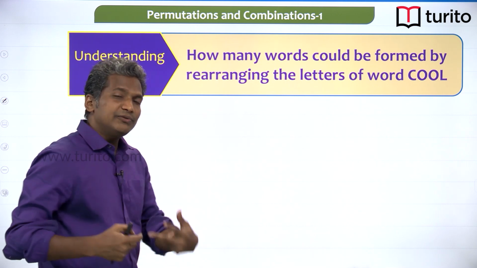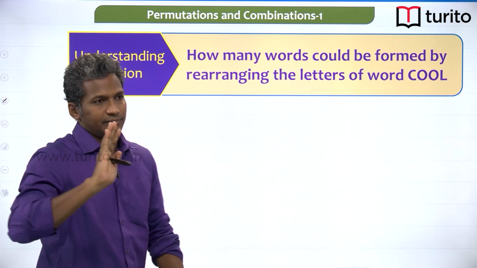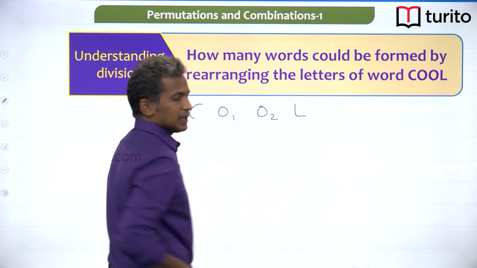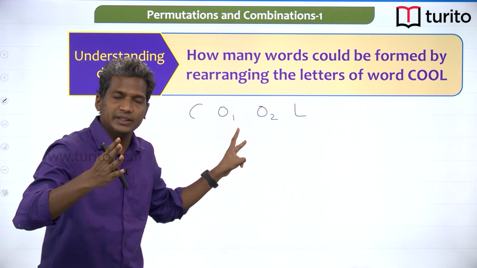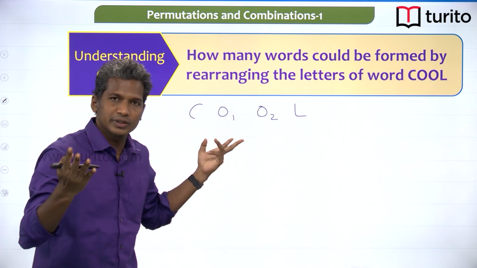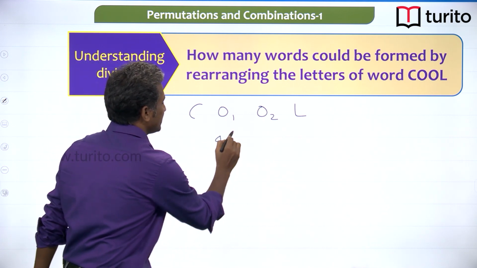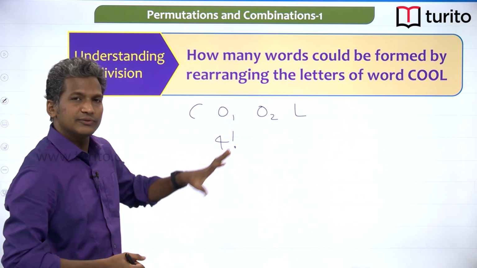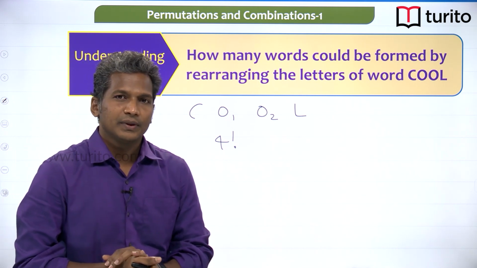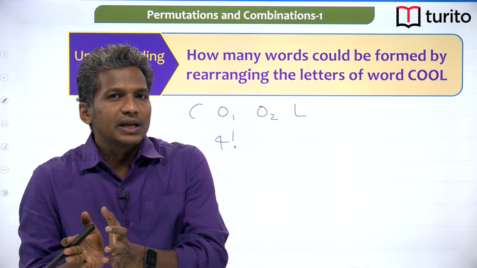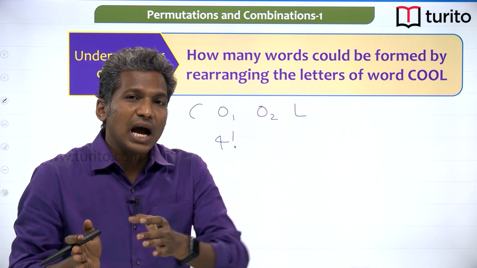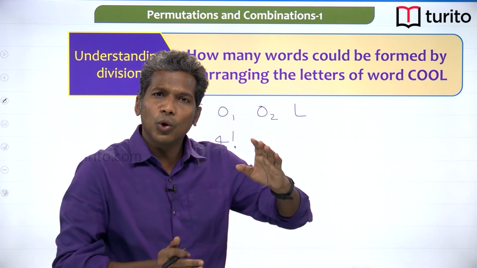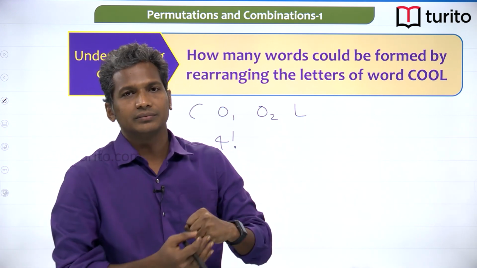Here, if these 2 O are different, let us name them as O1, O2. If these 2 letters are different, how many arrangements are possible? 4 factorial arrangements are possible. Okay. Now, out of these 4 factorial arrangements, there are some arrangements in which O1 is ahead of O2. There are some arrangements in which O2 is ahead of O1, right.